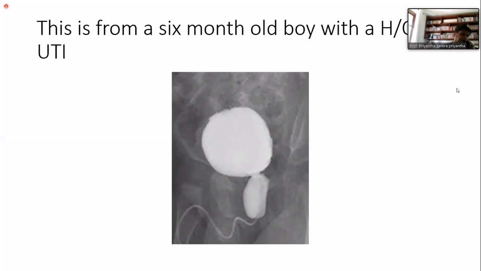Ceftriaxone 500 milligrams once a day. Get a full blood count and a CRP. Give 1 milligram of ondansetron IV stat, and then start domperidone 3.5 ml TDS.